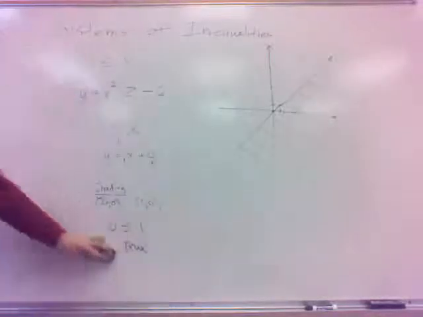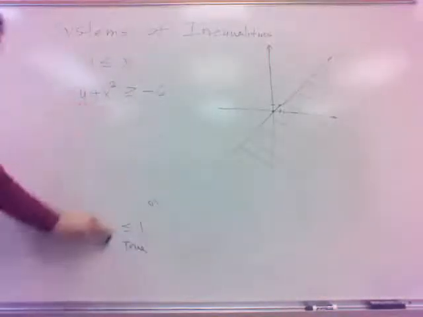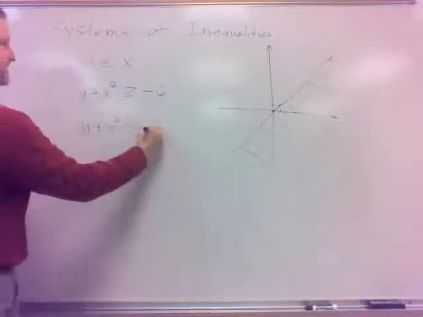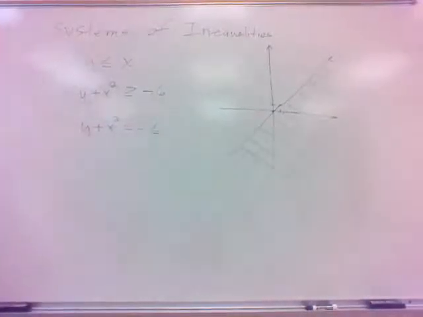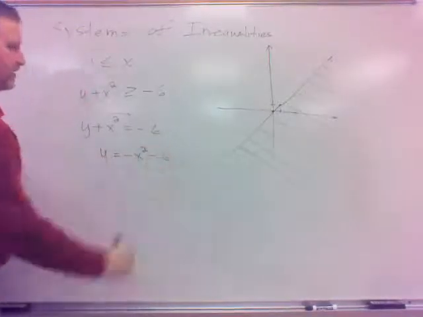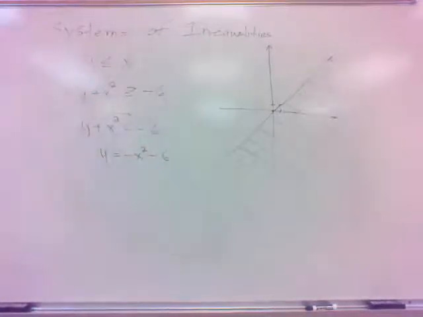Second part. Let's talk about that one. Well, the equation is y plus x squared equals negative 6. What do you got there? Parabola? That one's a parabola. And my suggestion would be move that x squared over, and we have y equals negative x squared minus 6. And so what do you know about that?